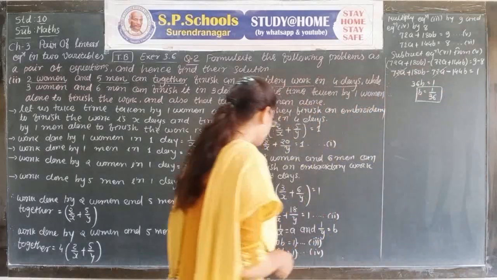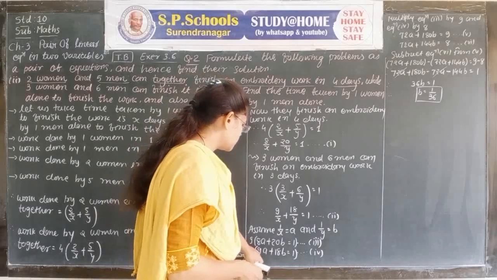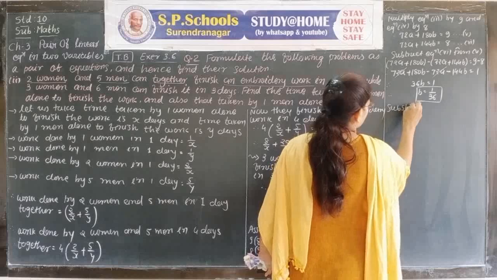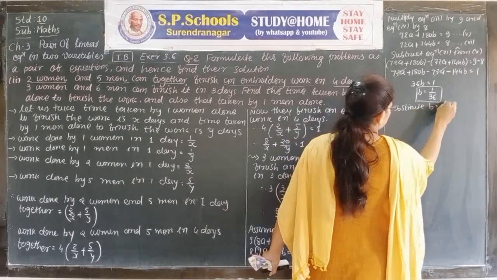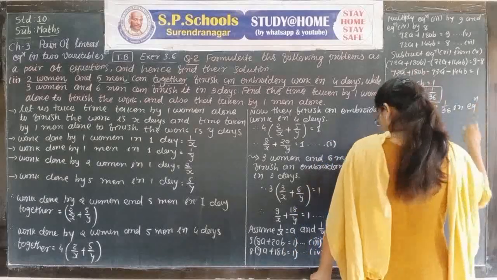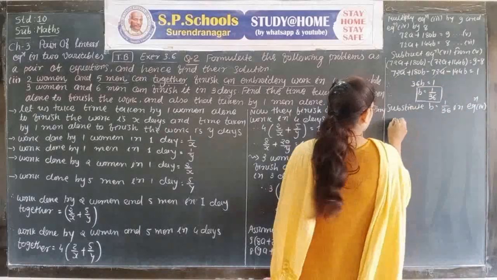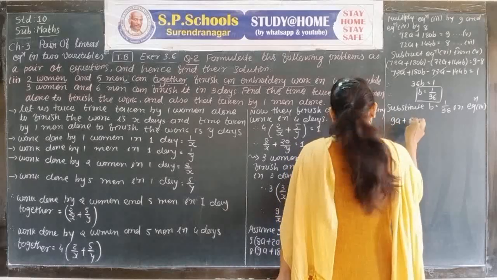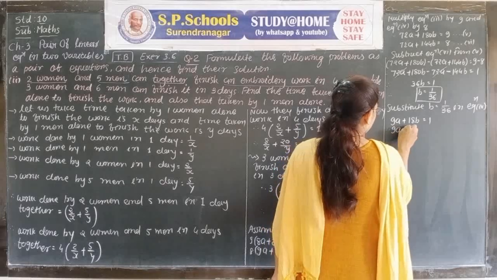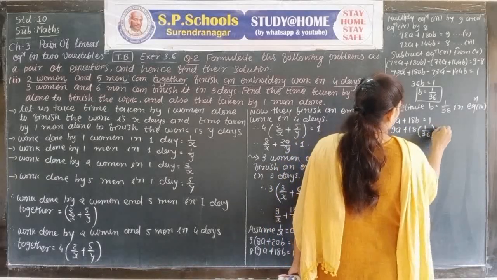Now we substitute b is equal to 1 upon 36 in any of the equations. Suppose in the 4th equation. The 4th equation is 9a plus 18b is equal to 1. That's why 9a plus 18 into 1 upon 36 is equal to 1.